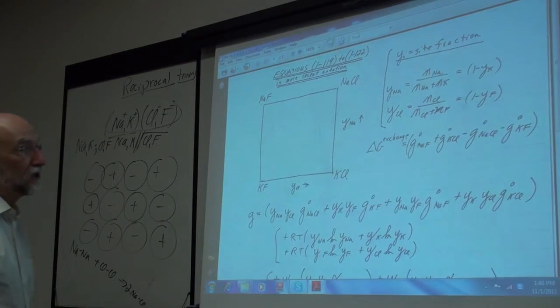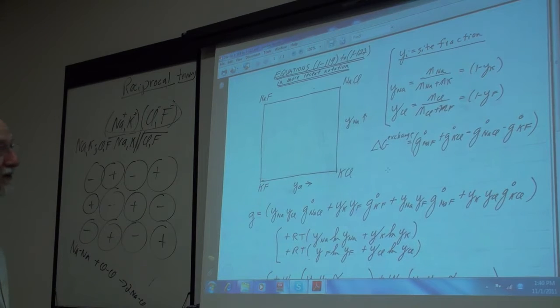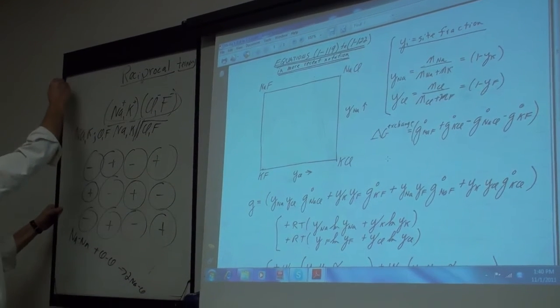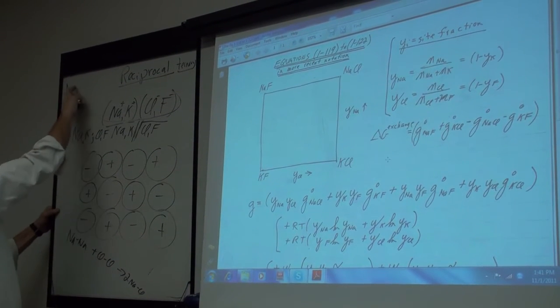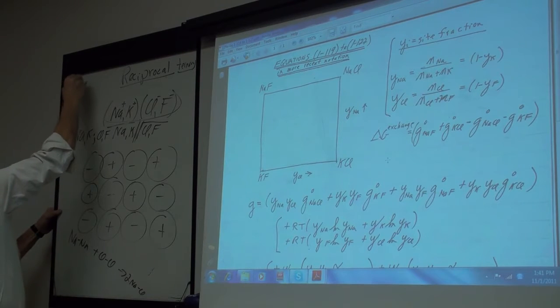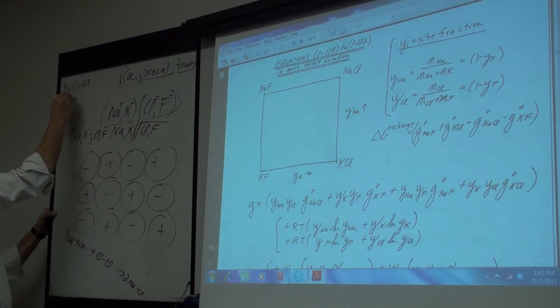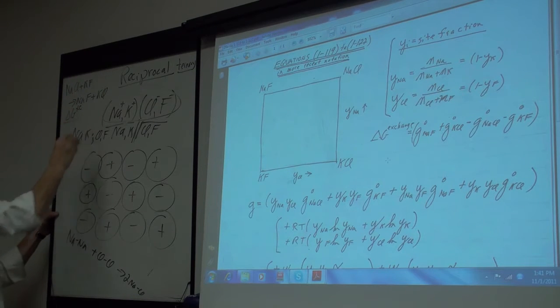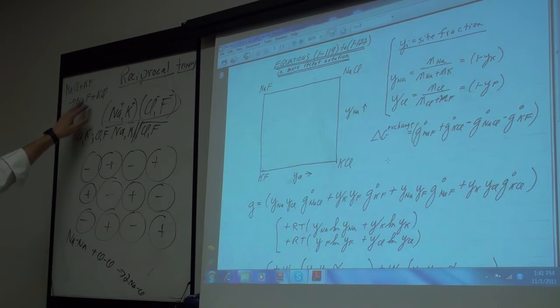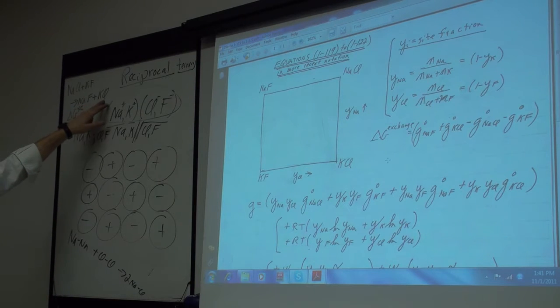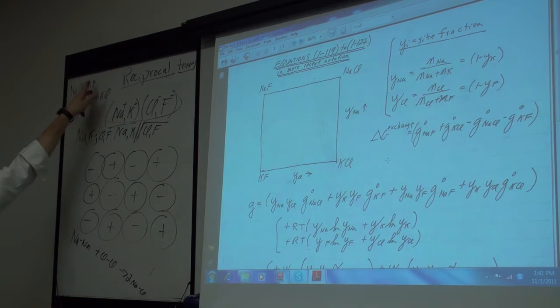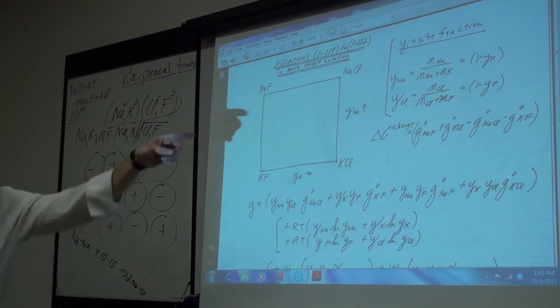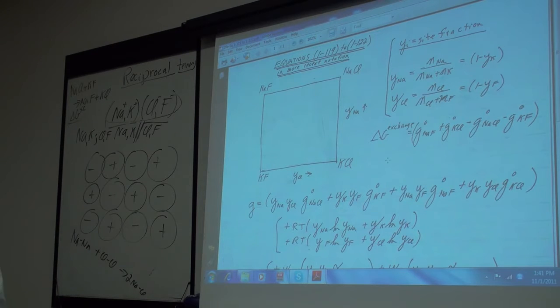So the exchange reaction is sodium chloride plus KF gives you NaF plus KCl. The delta G of that reaction is the delta G of the exchange reaction. So it's G naught NaF plus G naught KCl minus G naught NaCl minus G naught KF. And so this is the delta G of the exchange reaction.